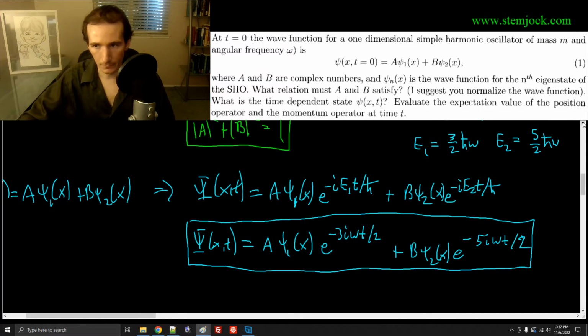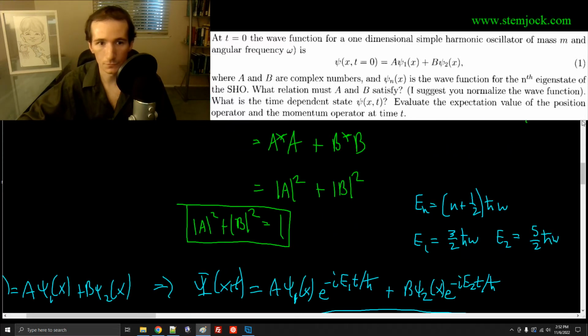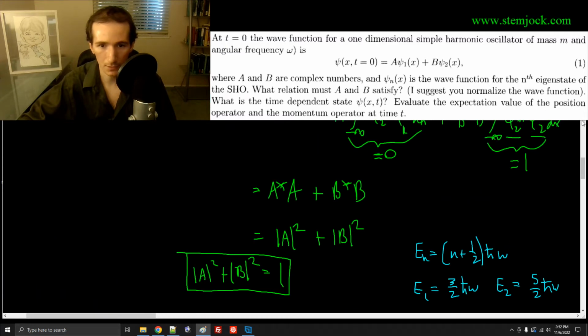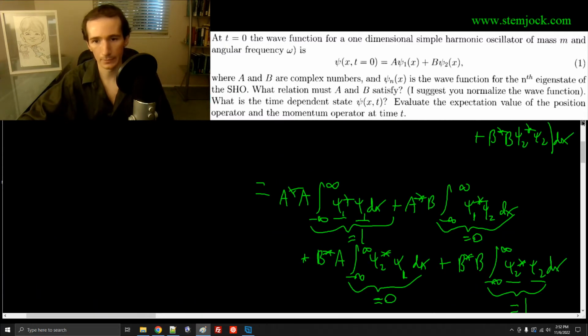Now, in order to simplify the forthcoming calculations for the next part, where we calculate the expectation value of the position and momentum operators, it's very helpful to use what's called bra-ket notation. If we look back at our previous work, each of these integrals can be interpreted as an inner product of two complex functions.